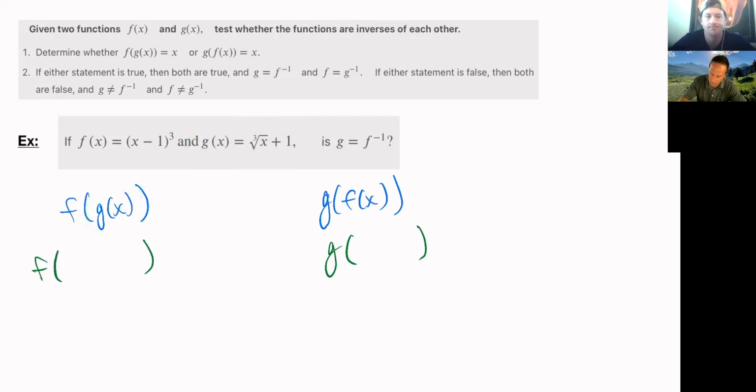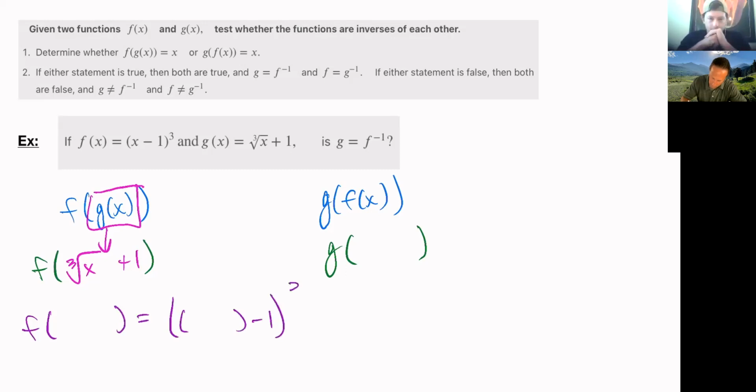All right. So we're going to start by taking the g of x, which is the cube root of x plus 1. And now we're going to have to do f of that. So we know f of something is equal to that thing minus 1 cubed. And that thing that we were given was the g of x.